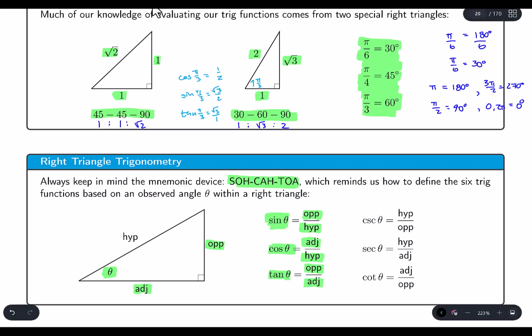The remaining, you just kind of need to know as inverses. So cosecant is the inverse of sine. So instead of it being the opposite side over the hypotenuse, it's the hypotenuse over the opposite. Secant is the inverse of cosine. Cotangent is the inverse of tangent. Okay?